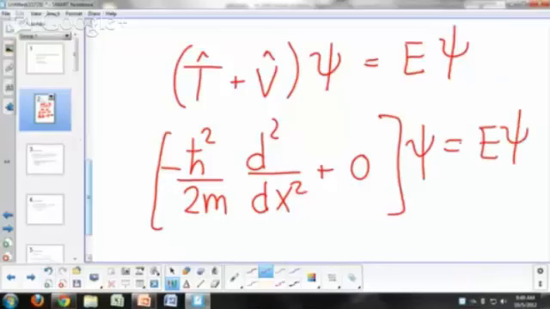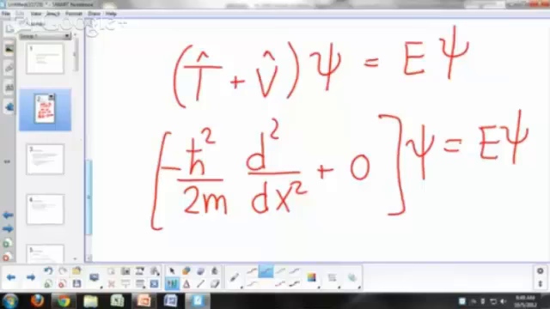All right. So we've seen this problem before. This is essentially the same differential equation we saw when we did the free particle problem, right? Same thing, except that in this case we have to apply the boundary condition, the constraint that psi must be 0 at the walls of your box, because we don't want to find the particle outside the box.